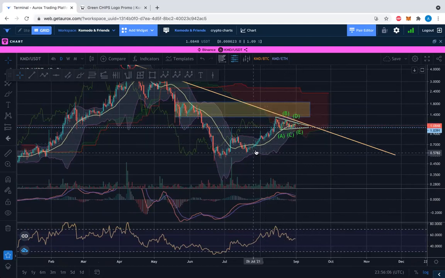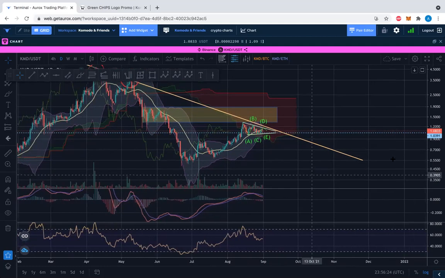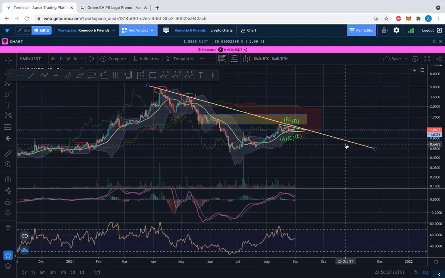That's going to be a bigger part of the overall 3, which is the same degree as this move. Although actually, sorry, this move is not even part of it. This move is likely part of the previous dump down and then ending it around here in the end of July. Okay, that's currently the counting so far.